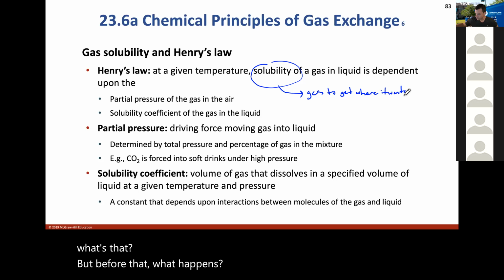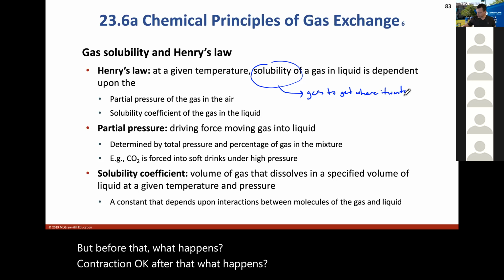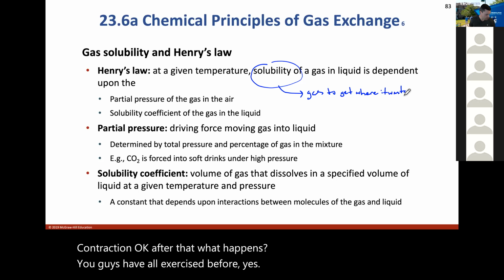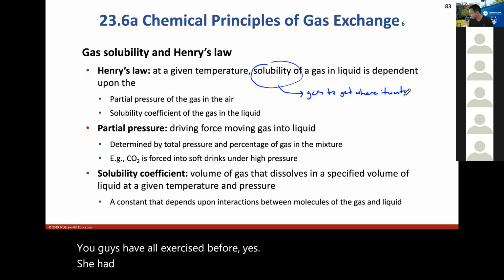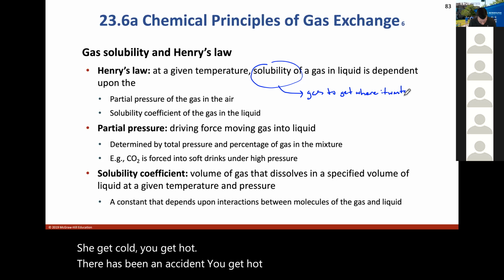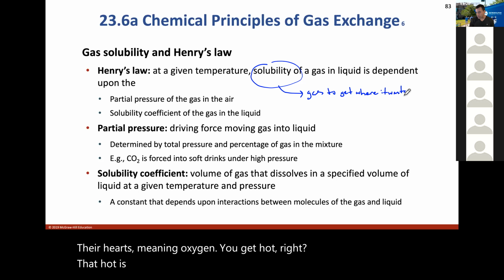Contraction. Okay. After that, what happens? You guys have all exercised before, yes? Did you get cold? Did you get hot? You get hot, right? That heat is equated to work, right? Potential energy to kinetic energy, work.